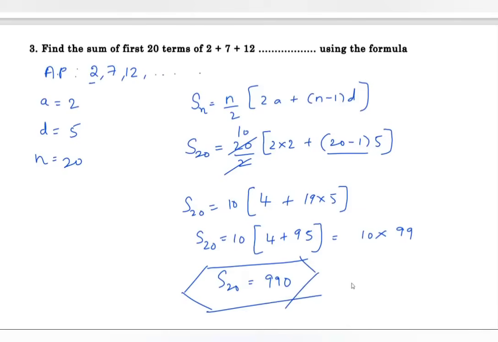So this is a very important 2-mark question, finding the sum of n terms of a given AP, that is given by Sn equals n by 2, 2a plus n minus 1 into d. Find out the values of a, d and n. After that substitute them and you will get the sum of 20 terms.